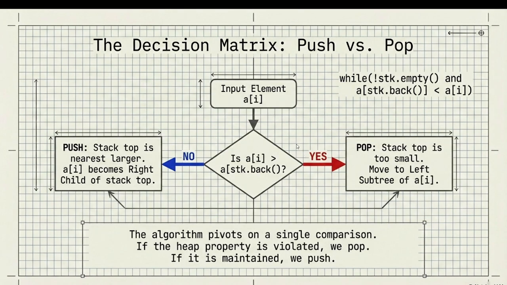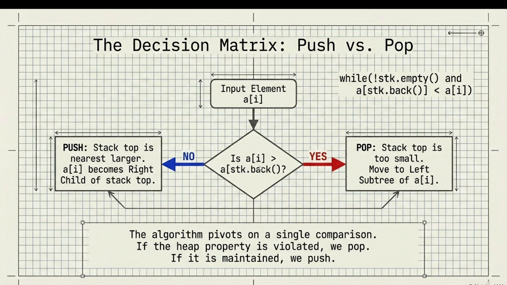When we get an input element A[i], we check whether A[i] is greater than whatever is on the top of the stack. If it is not greater, the stack top is the nearest larger element, so A[i] becomes part of the right side of whatever is on top, because it comes after that element.